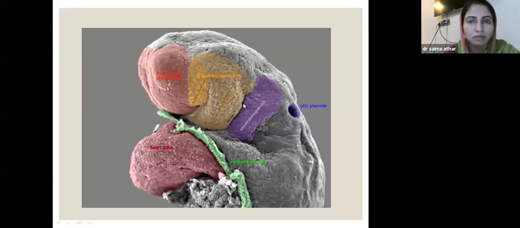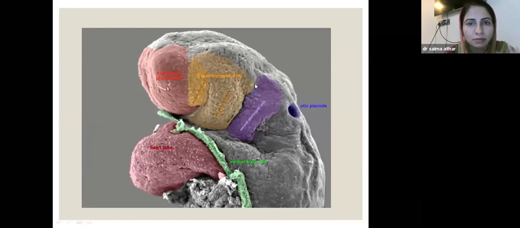Okay, and when we look from inside the embryo, if we cut this embryo, at the side of the cleft there will be a pouch. So pharyngeal pouch, pharyngeal cleft, and then above and below would be the first and second pharyngeal arch. Now, this is the proper area where the ear will finally be located.